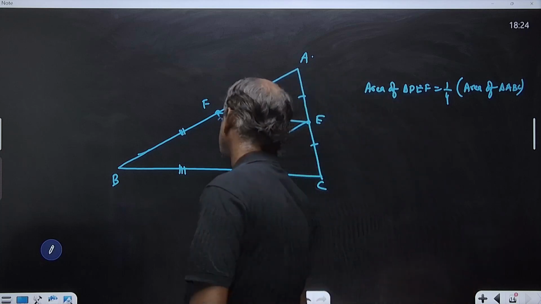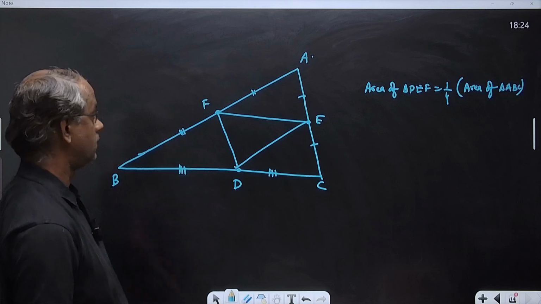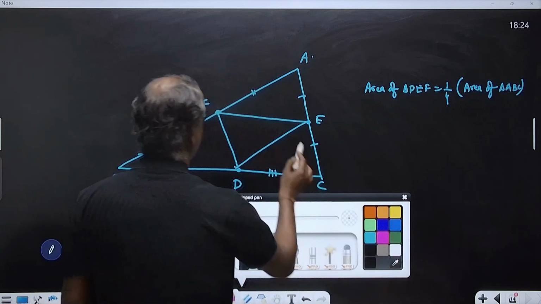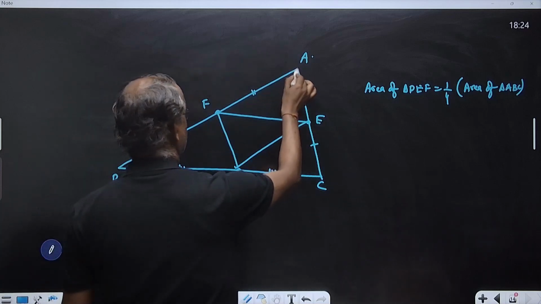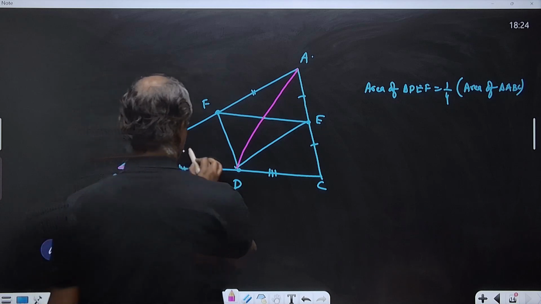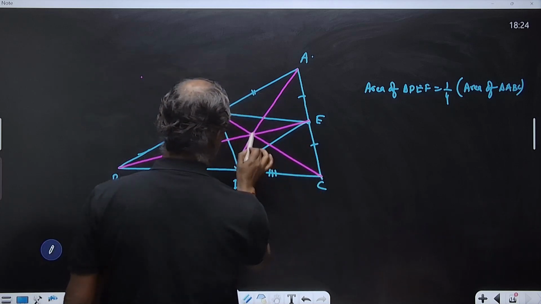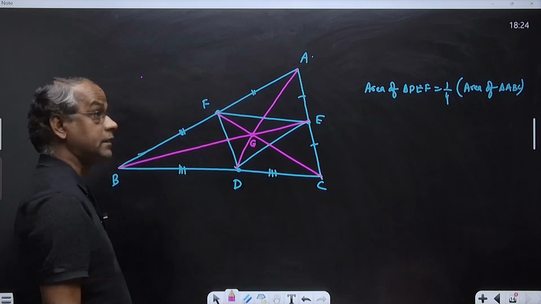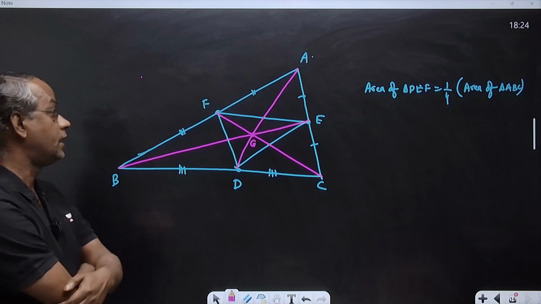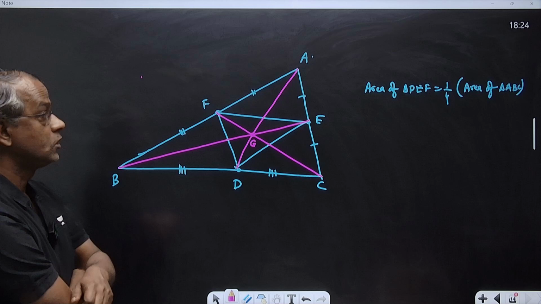Further, if you draw medians of the original triangle, what will they be for DEF?